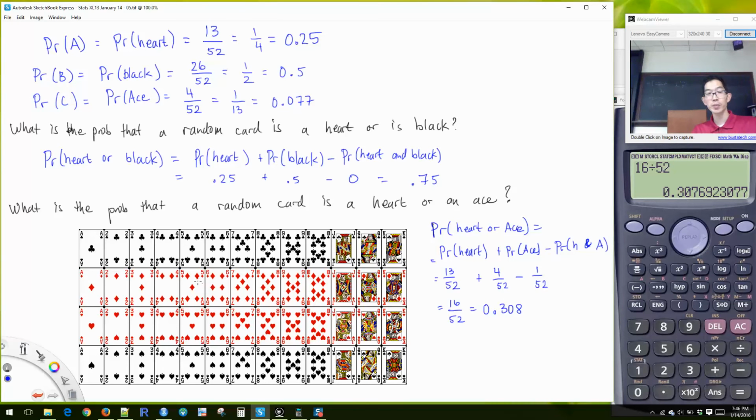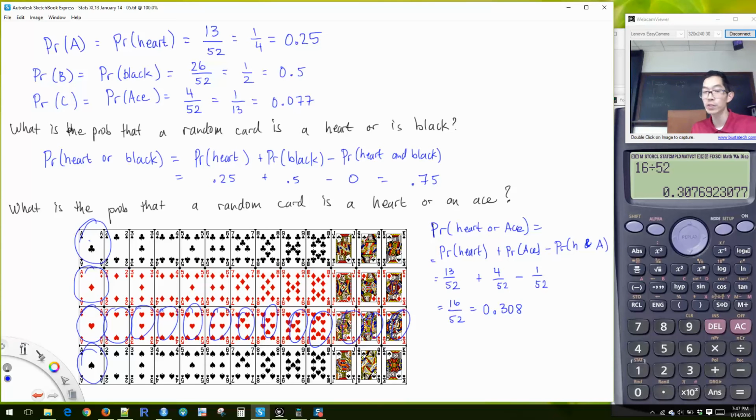If we wanted to manually check this ourselves, we could go through and circle every card that is a heart or an ace. This is an ace, this is an ace, this is an ace, and this is an ace, and all of these ones are also hearts. I'm just drawing circles around all the cards that are hearts or aces, and if we count them up, we see there's 1, 2, 3, 4, and I count all of these up, there's 12 more.